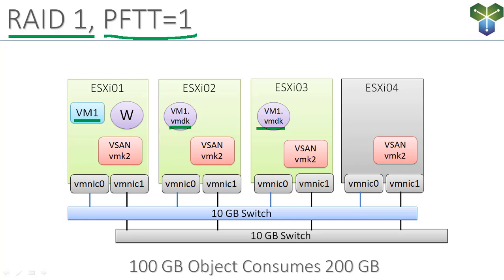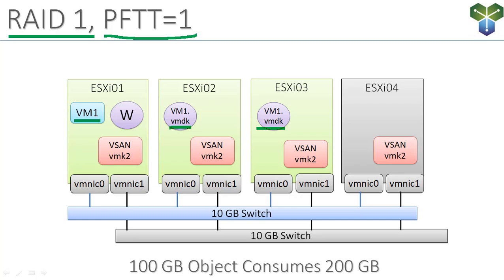This is an object-oriented file system. We almost have to think of each ESXi host as like a disk in a RAID array. So if you're familiar with RAID, you have multiple disks, and the data is mirrored across those disks just in case a disk fails. This isn't really RAID. This is more like RAIN, redundant array of inexpensive nodes.